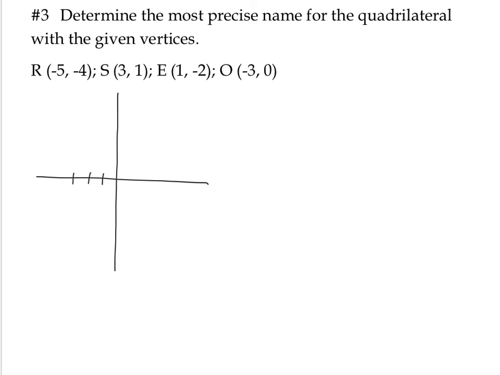So we go, this first point is at -5, -4. That'd be point R. Okay. Then point S would be at 3, 1.